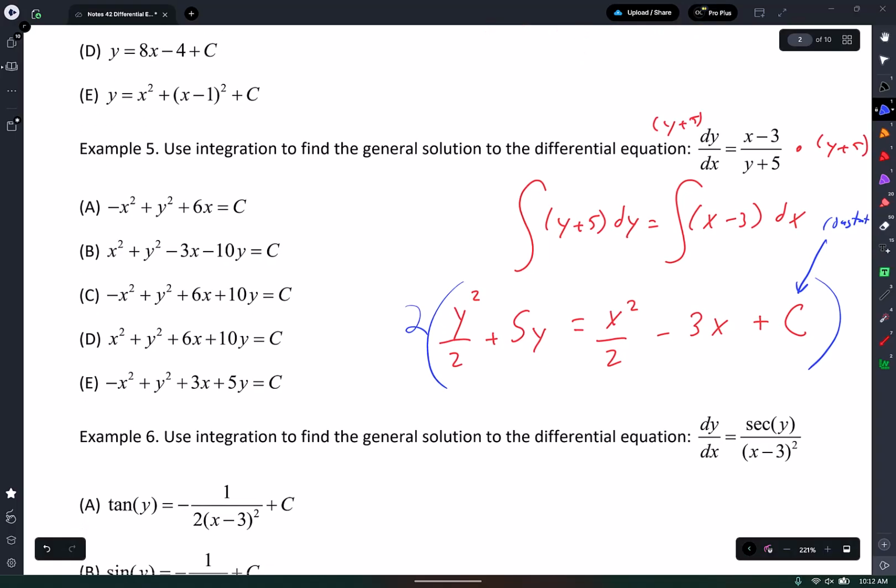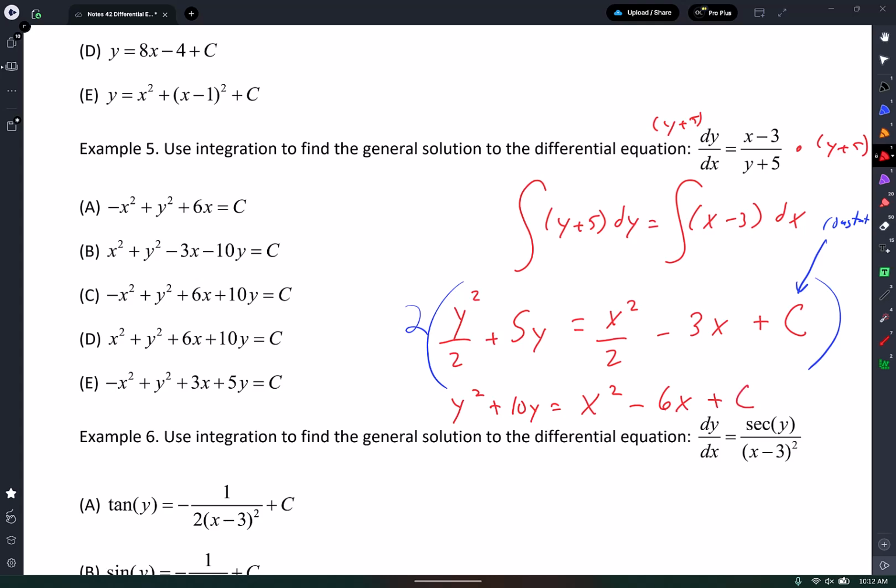So here we go. I'm going to have y squared plus 10y equals x squared minus 6x, and then instead of writing plus 2c, I'm just going to write c. It's just a constant. We'll let the situation tell us what that constant is. All right, move everything to the left and leave the c alone.